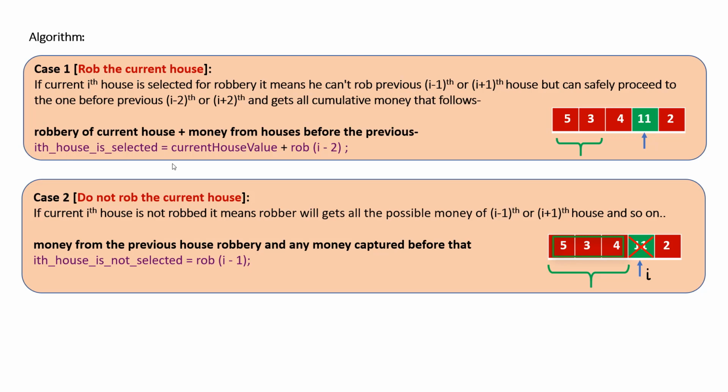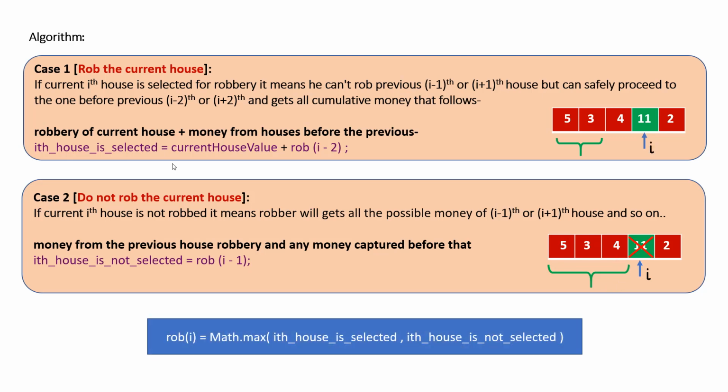And if you combine both the cases, you can come up with a key relationship which will look something like this. Here rob of I equals math.max of ith house selected, comma, ith house not selected. Because the robber's intent is to get the maximum profit out of it, he has to choose one out of the two options. Either he will choose case 1 or case 2 based on the maximum amount.